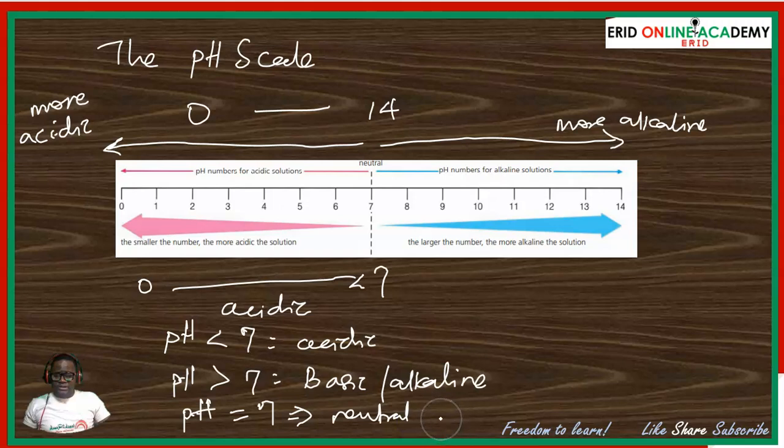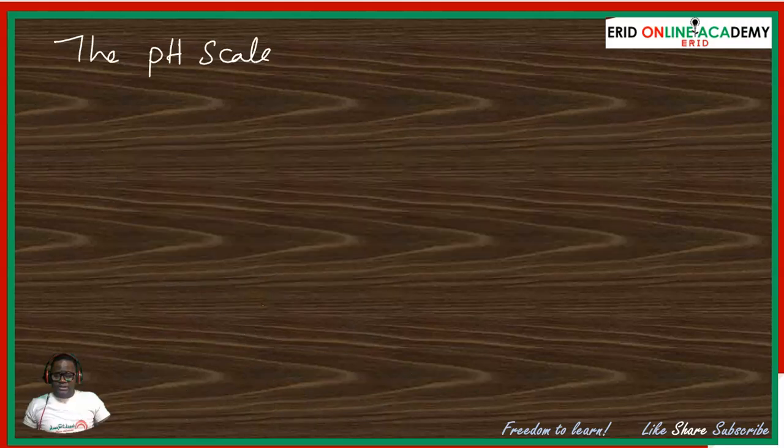Now, let's talk in terms of the concentration of acid or base. In the previous lesson, we established the fact that an acid is a substance that produces hydrogen ion in solution. For example, nitric acid.